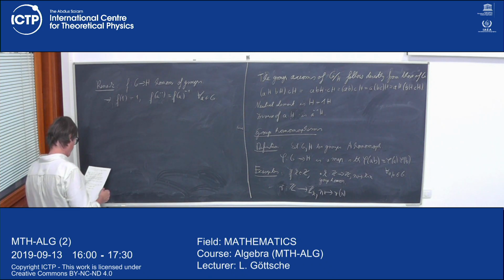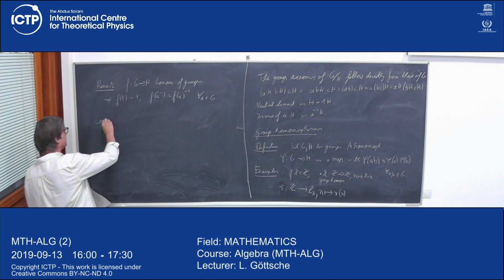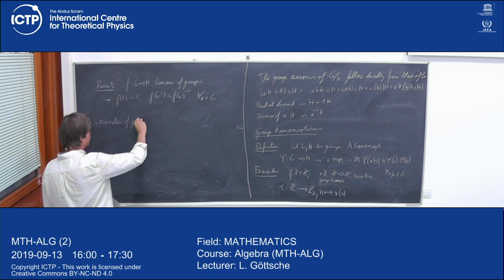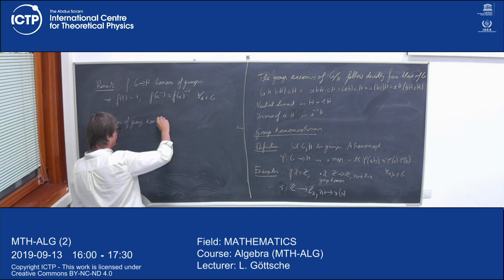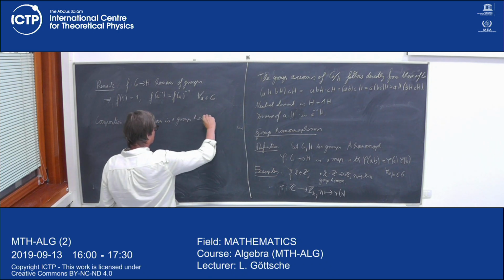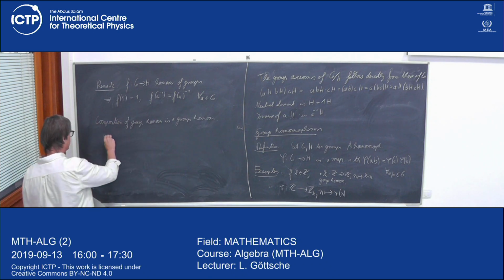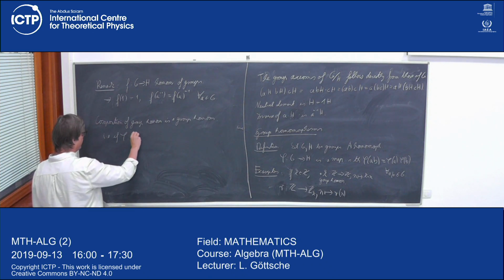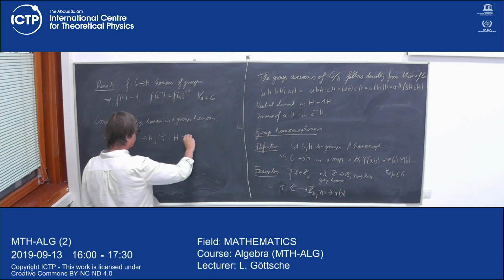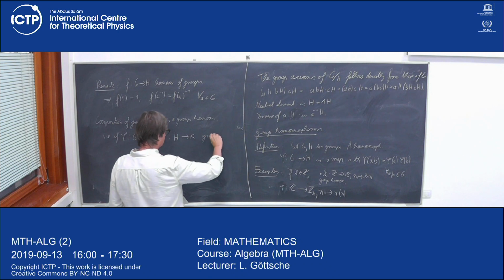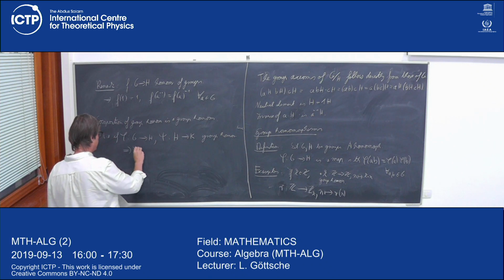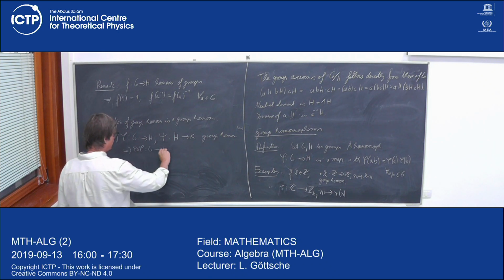So the composition of group homomorphisms is a group homomorphism: if phi from G to H and psi from H to K are group homomorphisms, it follows that psi composed with phi from G to K is a group homomorphism.